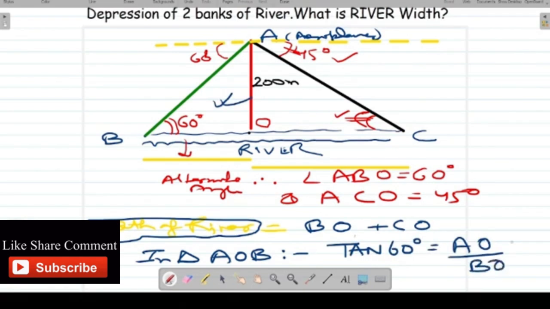And similarly in triangle AOC, tan of 45 degree is equal to AO by CO.